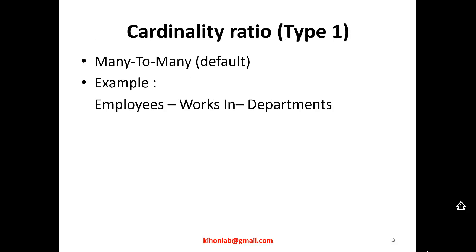Now, cardinality ratio, type 1 constraint is many to many, and by default it could be many to many. Here, in the example, you can see employee works in department. So this is a type of many to many relationship.